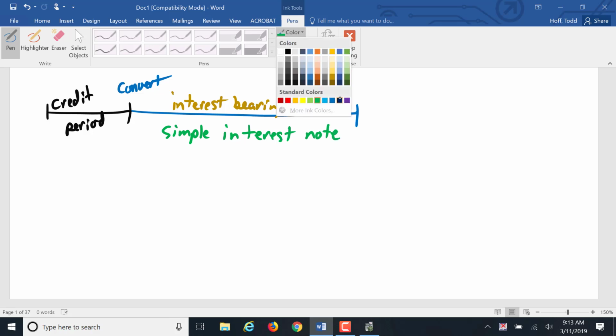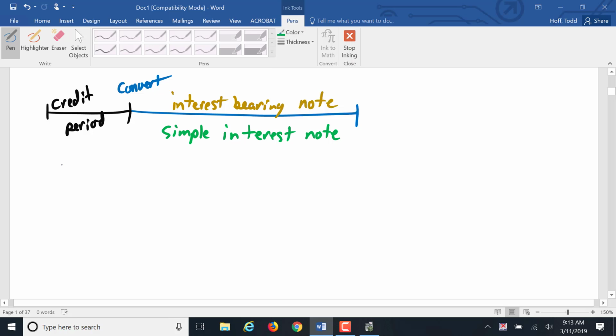So if someone has a balance of, let's just say, $3,000 at the end of that credit period, it'll be specified an interest rate and a term.